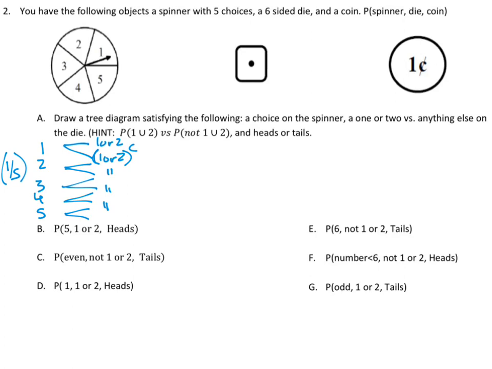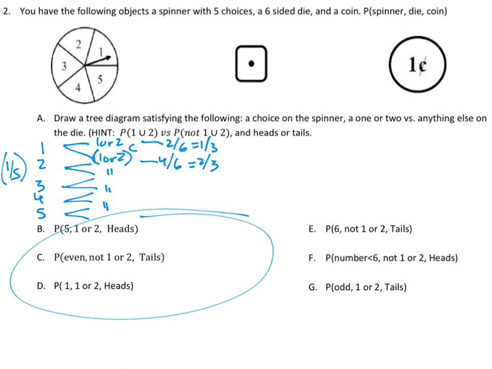And you should know that this first option is a 2 out of the 6 chance, which is a 1/3 chance. And then this other option is there's 4 that aren't 1 or 2, which is a 2/3 chance. And that'll be important when we get down here. And then from each of those, you got heads or tails.